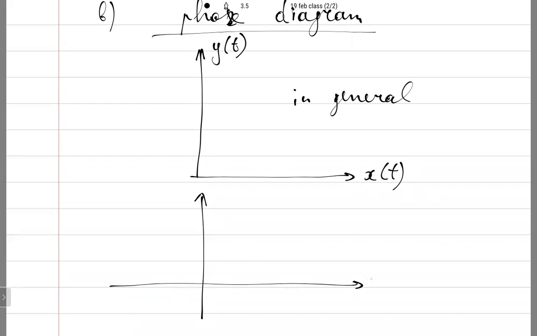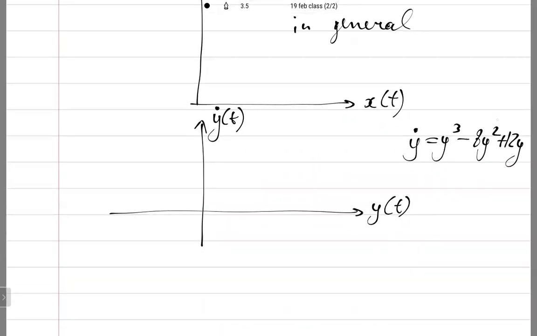And in our case, I will draw y(t) on the horizontal axis and y prime of t on the vertical axis. I know that y prime is equal to y cubed minus 8y squared plus 12y. And this can easily be drawn.